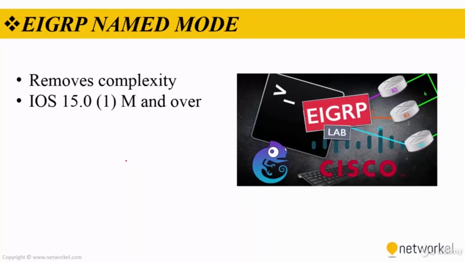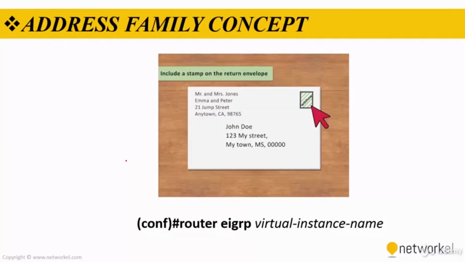EIGRP named mode is available in Cisco IOS release 15.0(1)M and later. To configure the EIGRP named mode, the command router eigrp and a virtual instance name is used, and EIGRP for both IP version 4 and IP version 6 can be configured in the same mode.